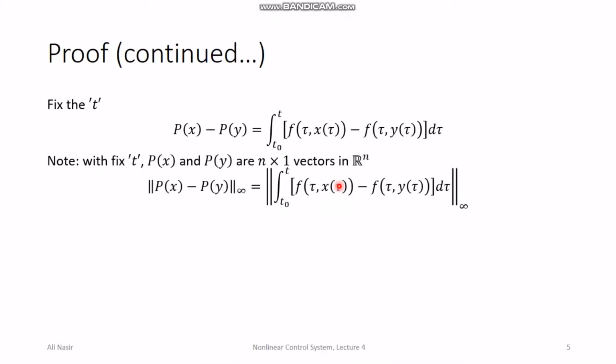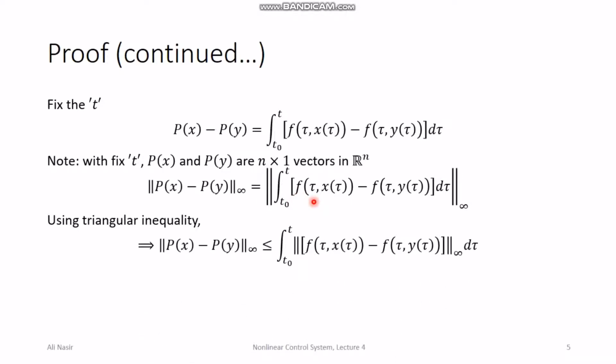So for P of x minus P of y, if you take the infinity norm on both sides of this equation, then this is the situation. And if you use the triangle inequality, which states that the norm of a sum is less than or equal to the sum of norms, then the sum of norms will be greater than or equal to the norm of the sum.